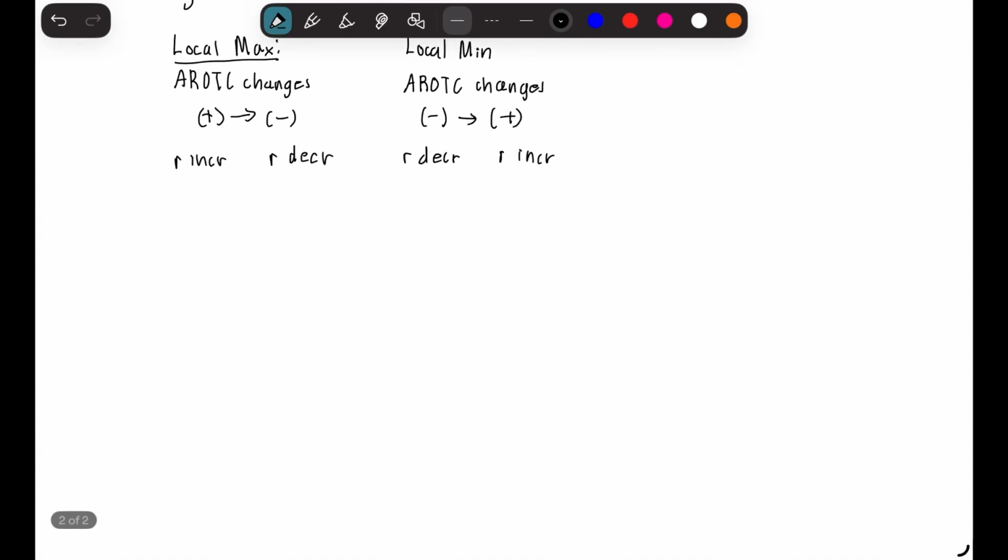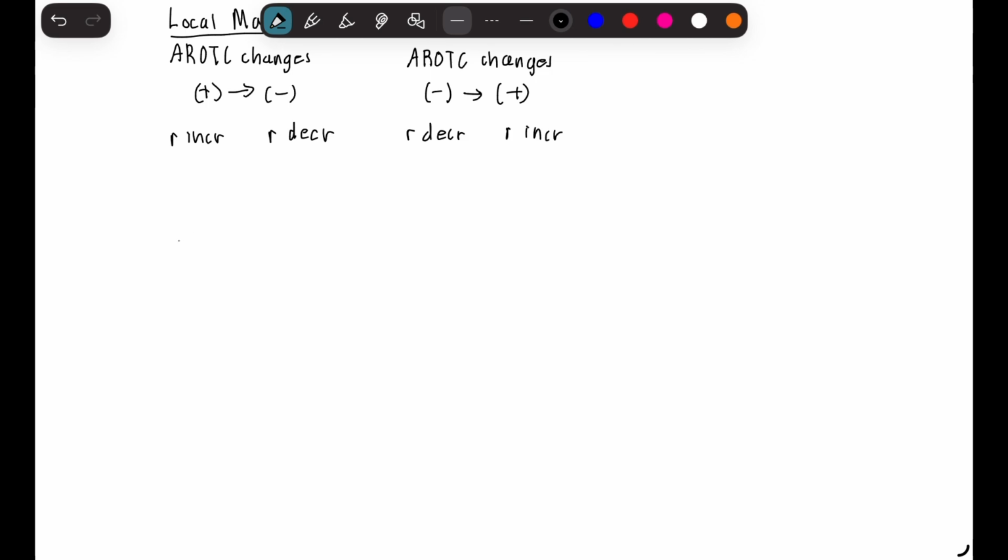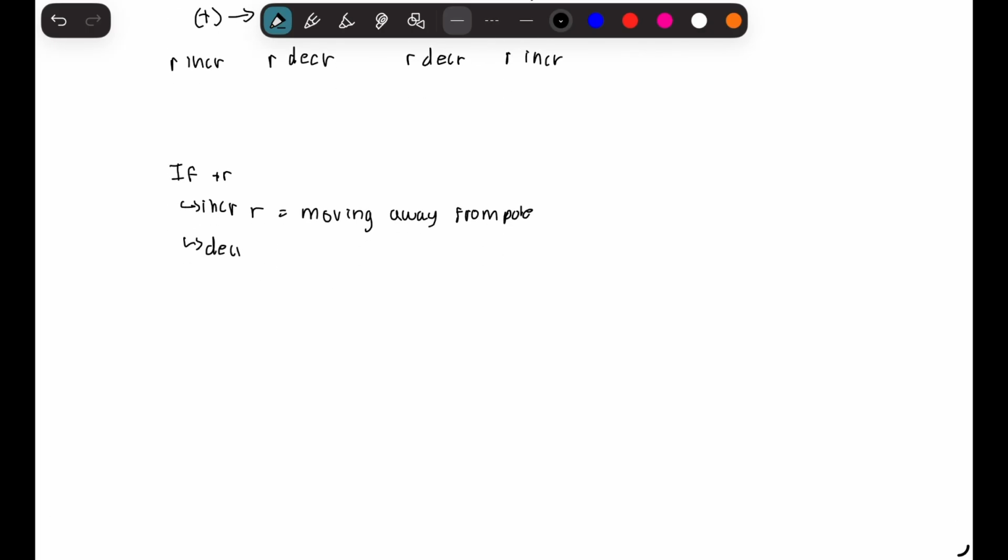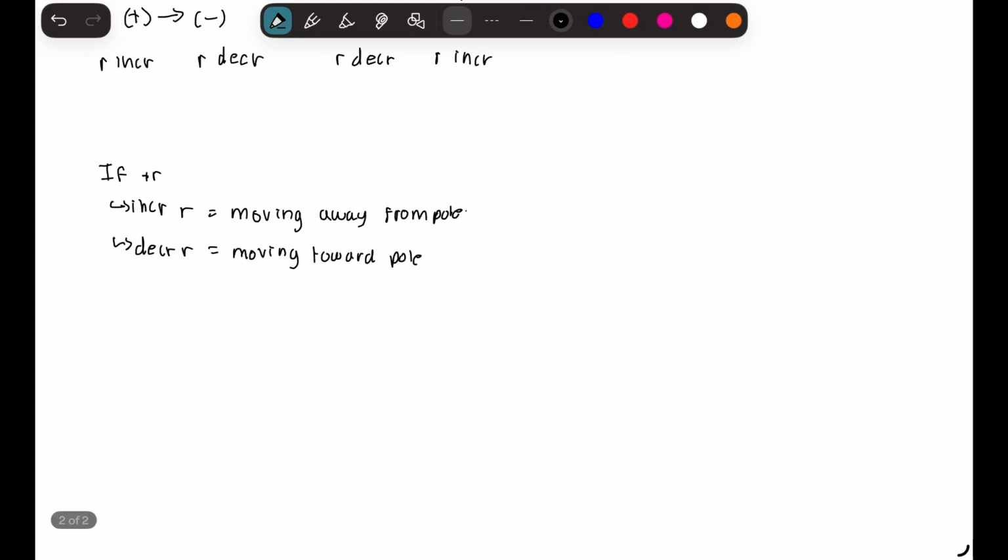So what does this mean geometrically? If you have a positive r and an increasing r, that means you're moving away from the pole. However, if you have a decreasing r and it's positive, that means you're moving toward the pole. You can think of the pole as just 0, 0.